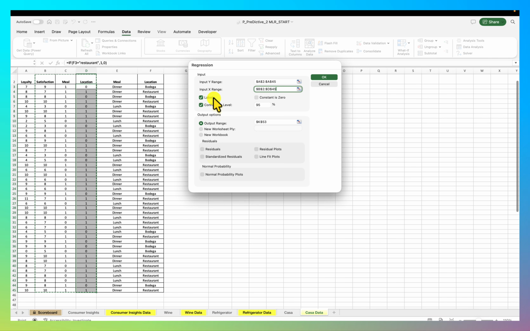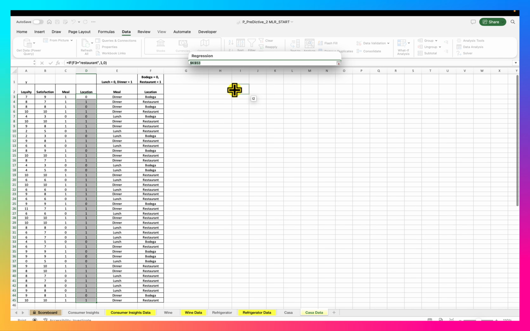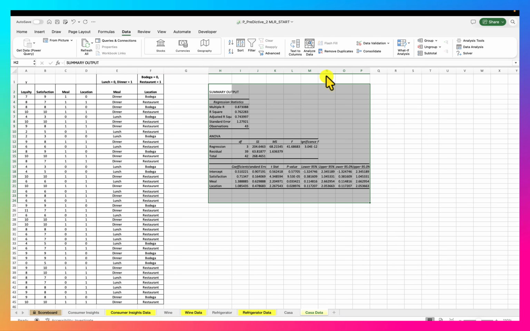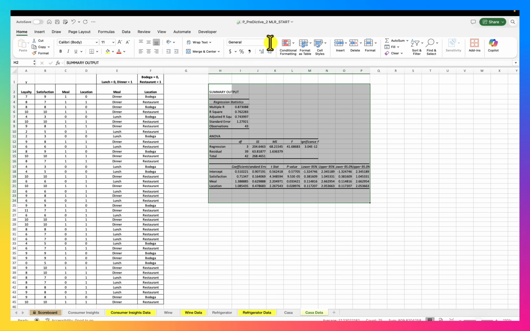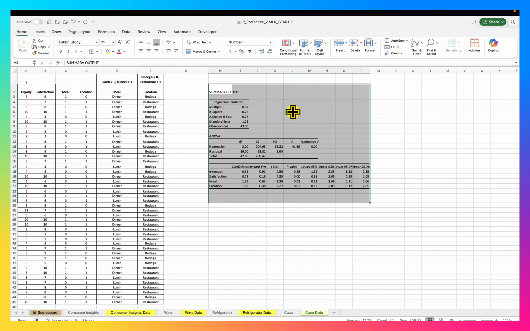Labels, confidence interval 95%, and then the output range, click here, and pick up here. And while still highlighted, come over here, pick numeric. Let's see if we get lucky. Everybody, yes, everybody's a winner, except for the intercept, which, remember, it's the one where we don't care if the p-value shows up as non-significant. Everybody else was significant.